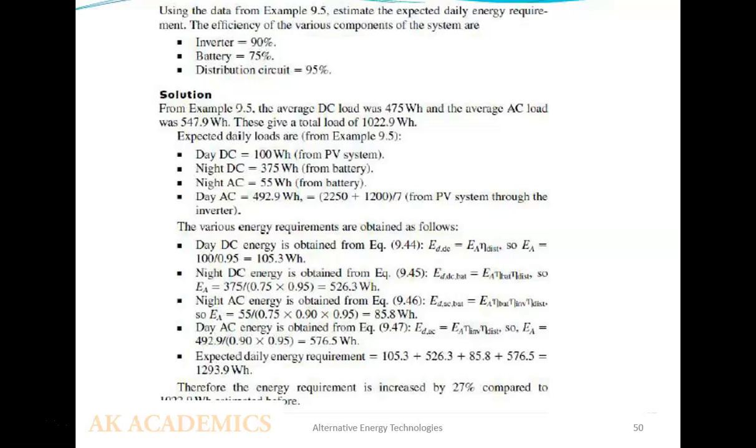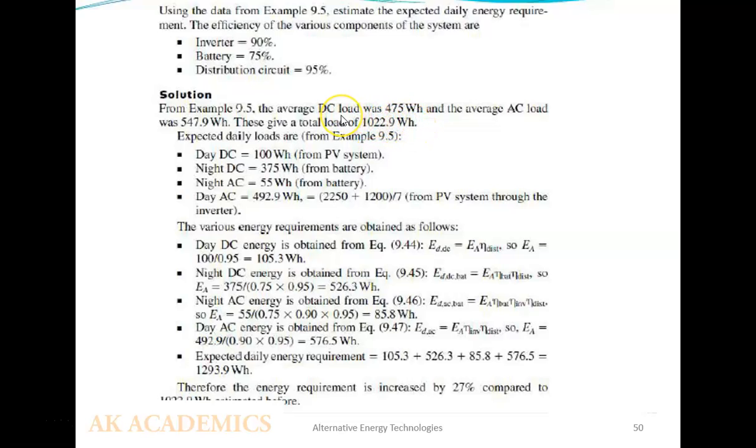1293.9 watt hours. Therefore, the energy requirement is increased by 27% compared to the 1022.9 watt hours estimated before. Now, what this means is that at the beginning, we estimated a total of 1022.9 watt hours.